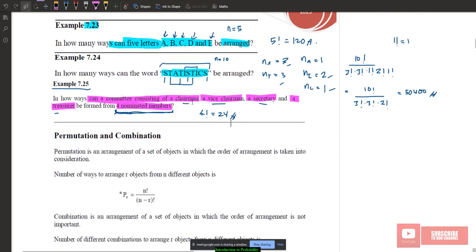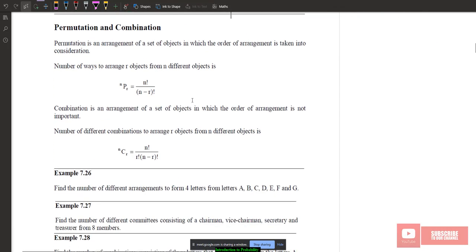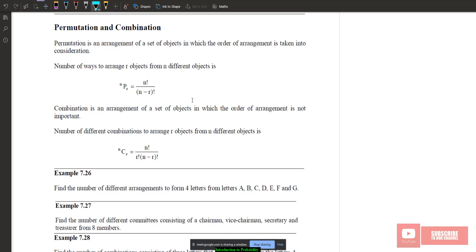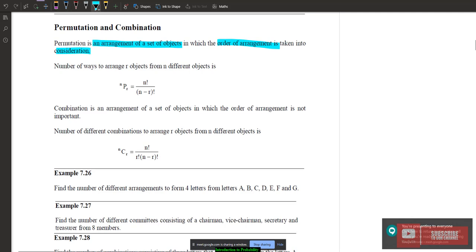Right. So now we move to the next subtopic, which is permutation and combination. Now, permutation is an arrangement of a set of objects in which the order of arrangement is taken into consideration. Right? So permutation is an arrangement of a set of objects in which the order of arrangement is important.